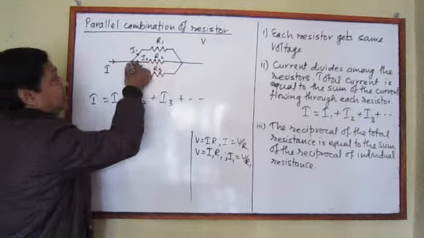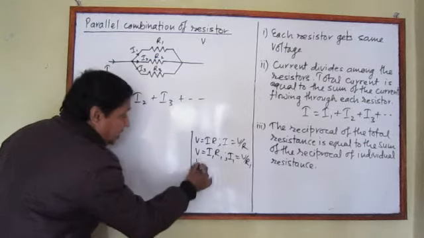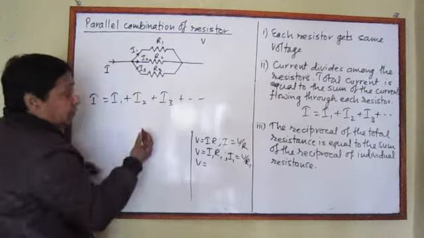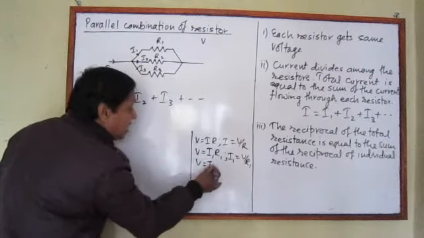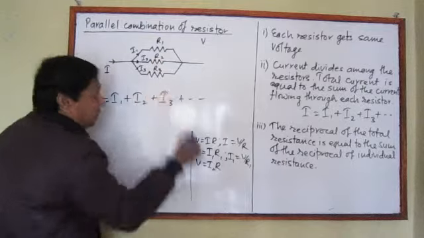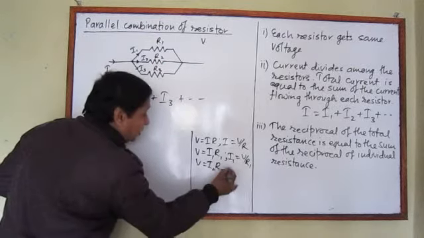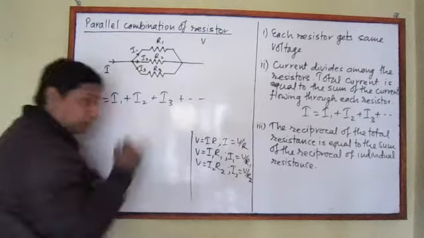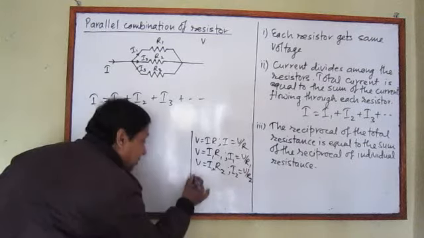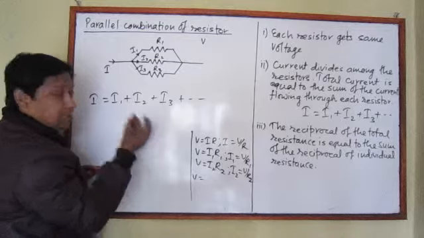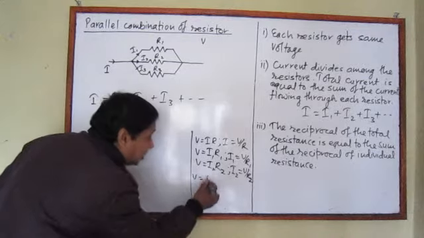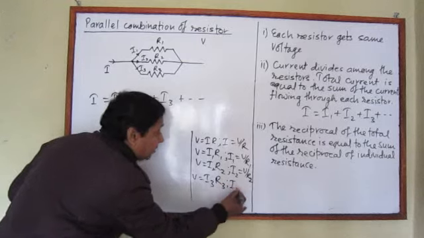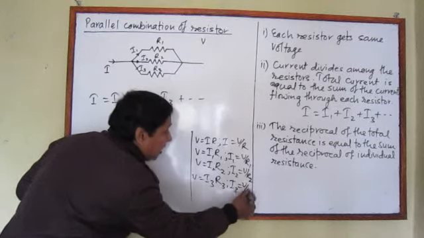Now for the second branch, we have the same V because the voltage remains the same for each of them in this combination, but the current in the second branch is I2 and the resistance is R2. Therefore, I2 equals V by R2. Now for the third branch, V remains the same, the current is I3 and the resistance is R3, so I3 equals V by R3.